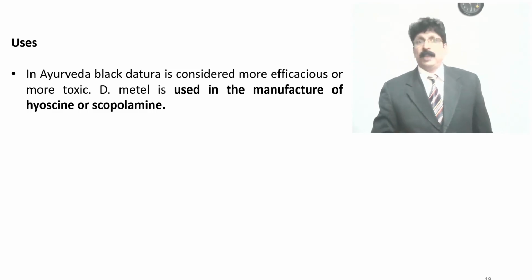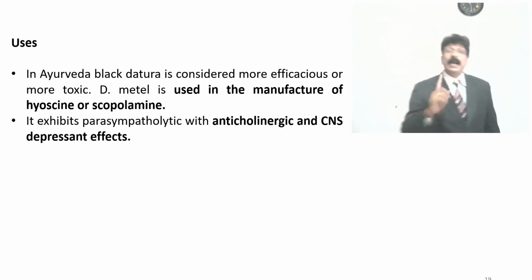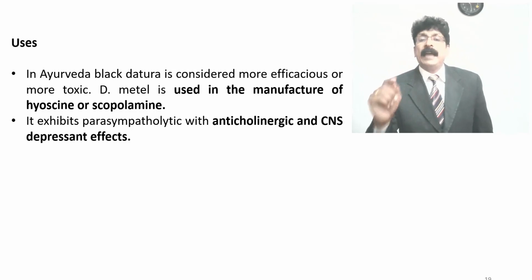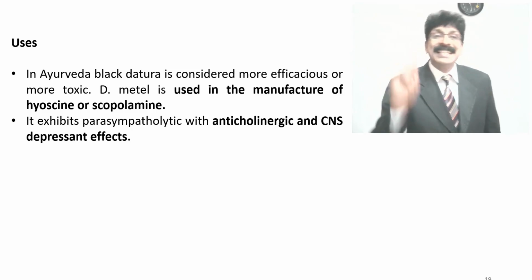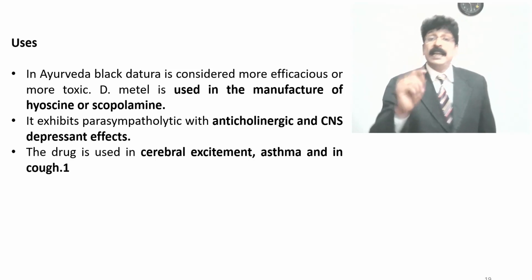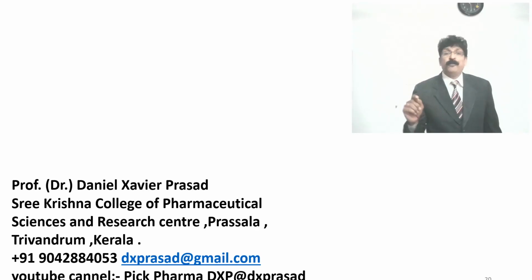Datura metel is used to extract and prepare hyoscine or scopolamine. It exhibits parasympatholytic, anticholinergic and CNS depressant effects. The drug is used for cerebral excitement, asthma and cough. Other uses you can refer to under belladonna also.